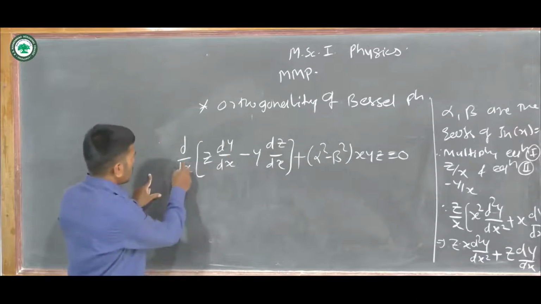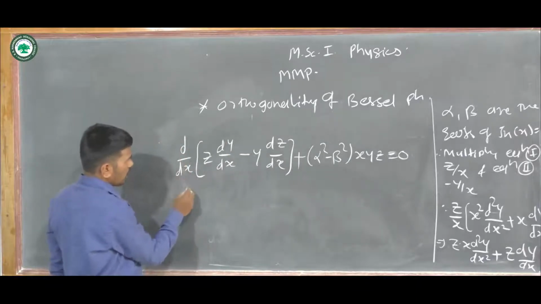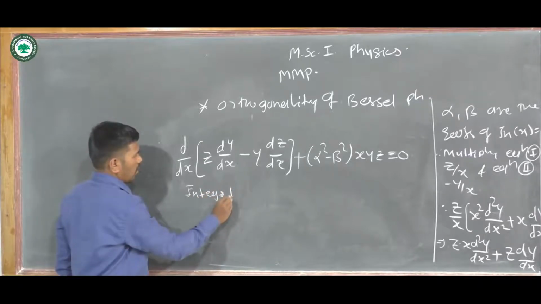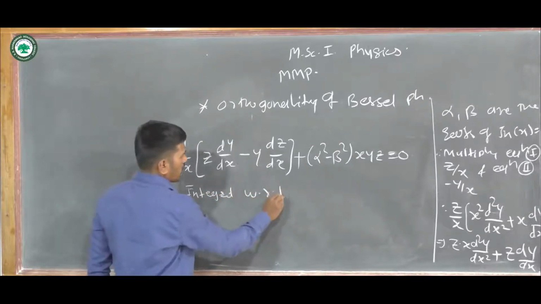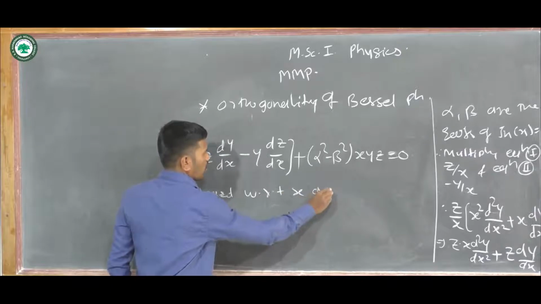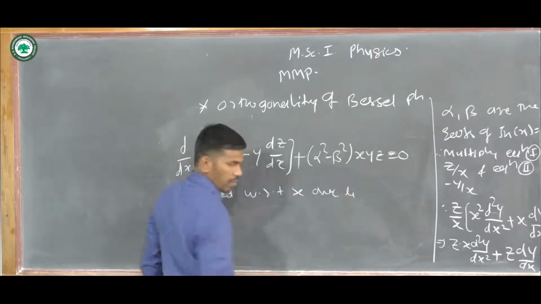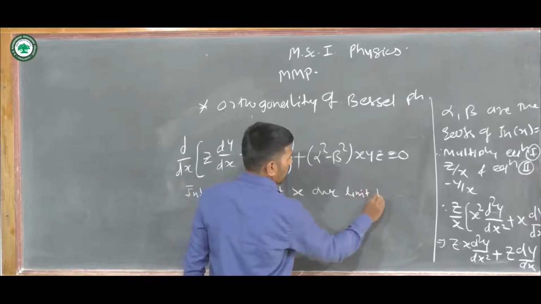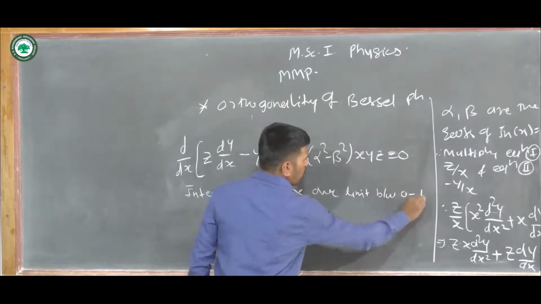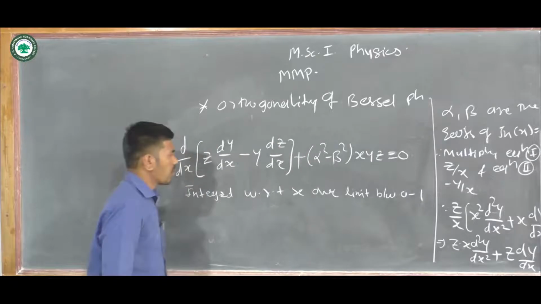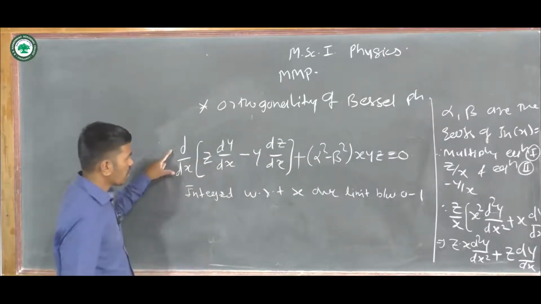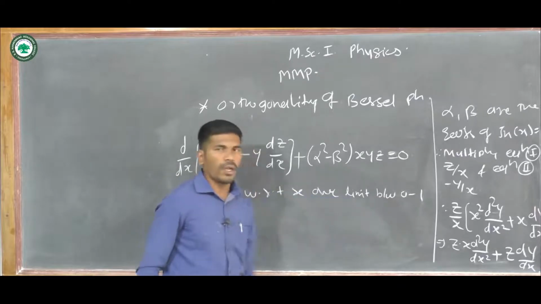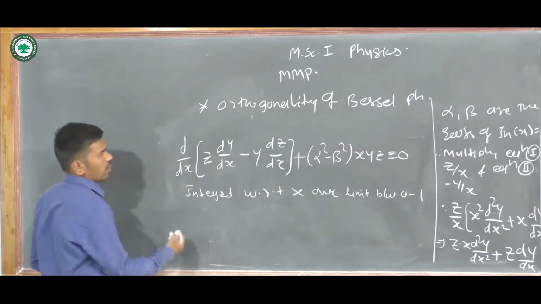Okay, and now the next step is to integrate with respect to x over the limit between 0 to 1. Okay, so if I integrate with respect to x, the limits are given, 0 and 1, upper limit is 1 and lower limit is 0.